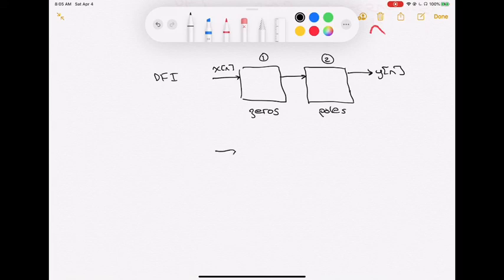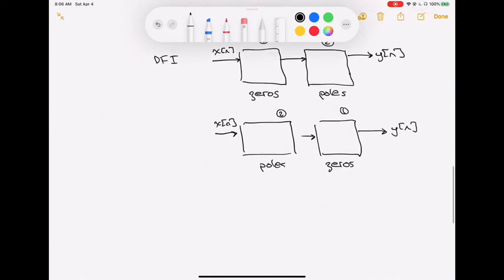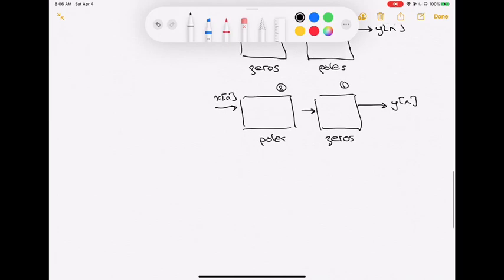Or I could take my input x of n and instead feed it into block 2, which is my poles, and then have that feed into my block 1, which is my zeros, and then get my output y of n. We have some idea that this isn't going to be great because it's interchanged our pole zero ordering that we liked before. This is going to make a less desirable pole zero ordering, but we will find it has other advantages. Turns out this is direct form 2 in structure, and I'm going to go ahead and draw it out.